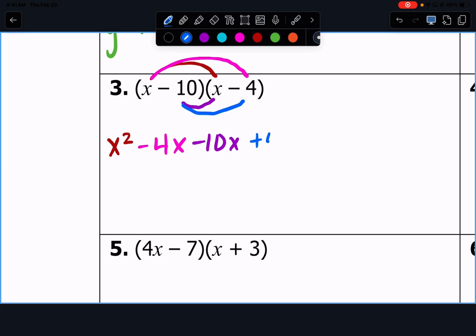What is plus 40? Because a negative and a negative make a positive. So does me color coding it actually help so you can see what parts go? Okay. Now, for this part, what can I combine? Negative 4 and negative 10. Okay, so we get x squared minus 14x plus 40.